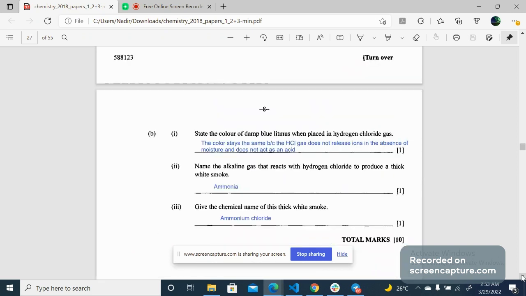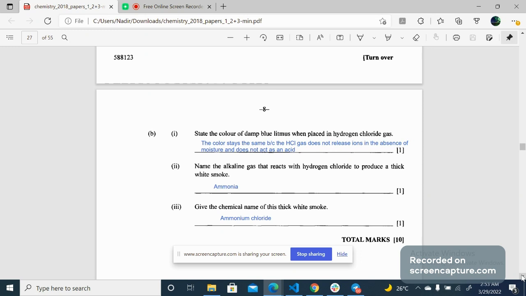Okay, now we have moved to subsection B. Part 1 of subsection B is asking us to tell the color of litmus paper when it is put in hydrogen chloride gas, HCl in gaseous form.